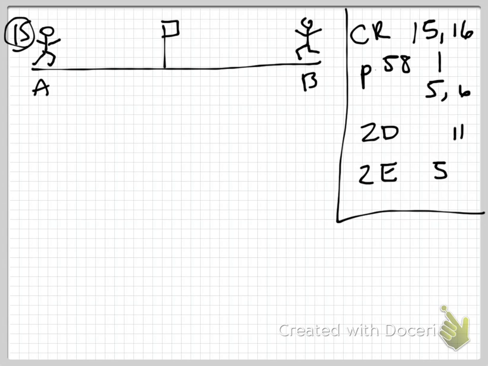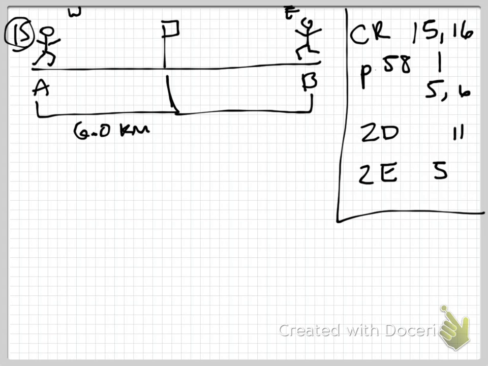So we have runner A and runner B. Runner A is 6.0 km west of the pole, so that's west, that's east, and runner B is 5 km east of the pole. So the total distance between the 2 of them is 11 kilometers.